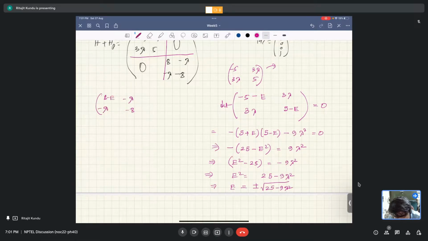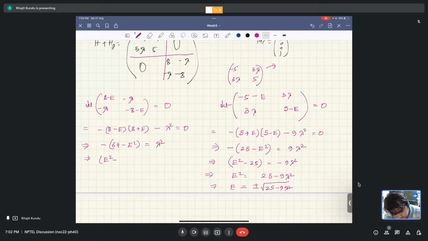The characteristic equation here is similarly given by this equation. This is again 8 minus E, 8 plus E and minus lambda square. So it becomes 64 minus E square equal to lambda square.